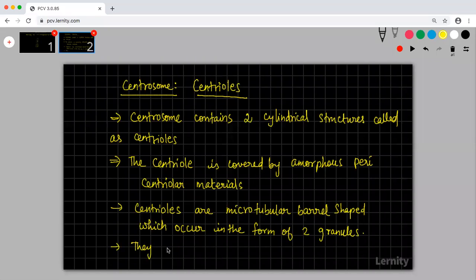They are also called diplosomes. Okay, please take down this thing.